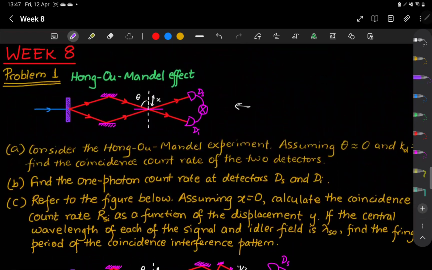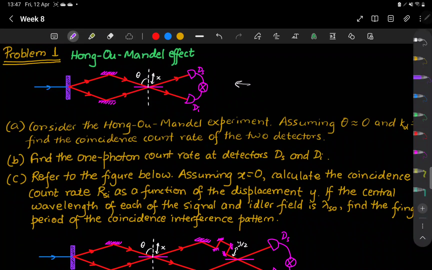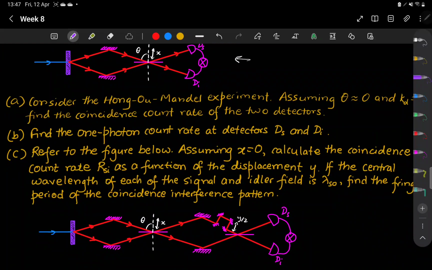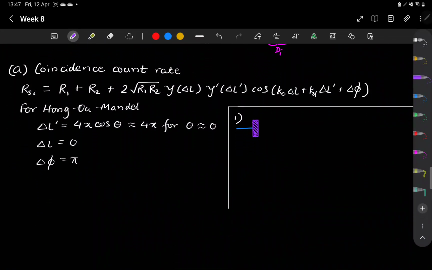So the first option can be when both photons get transmitted. When both are transmitted, they are following the same path.